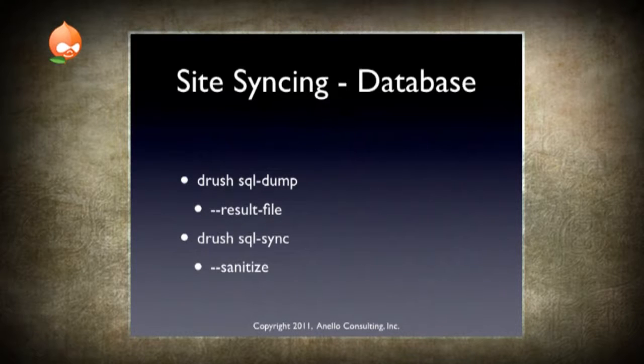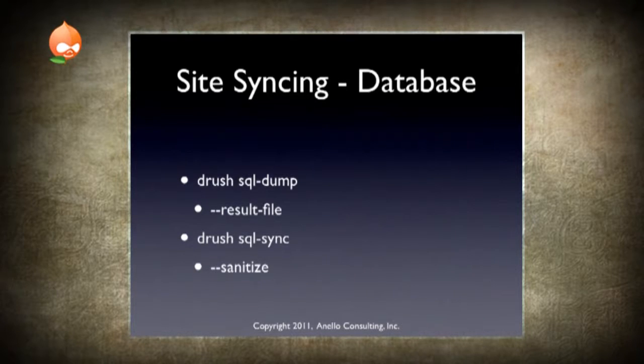I'm not really going to get into sanitize that much, but sanitize is awesome. What that lets you do is, as you're doing that sync, you can scramble passwords, you can scramble email addresses, you can sanitize that database of data. And that's really handy because, if you're downloading a production database that has 50,000 users and bringing it down to your local, and you start doing something that might send emails out, suddenly you're sending emails from your local machine.